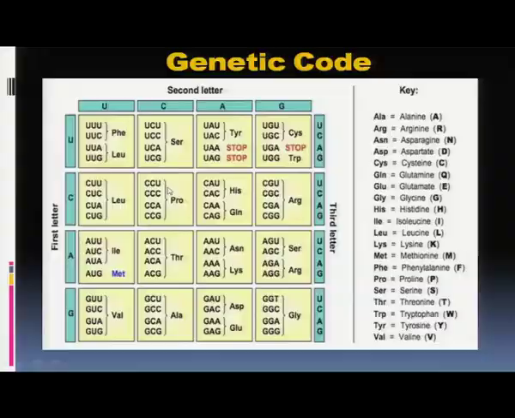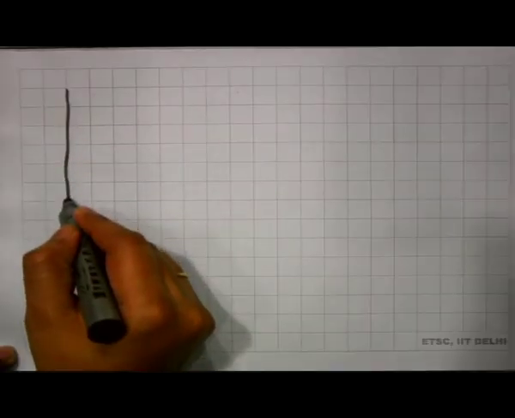So, here is the genetic code in the combination of 3, which will code for the different amino acids. It is a genetic code which we can also trace out. It is a very easy process how to trace this genetic code.